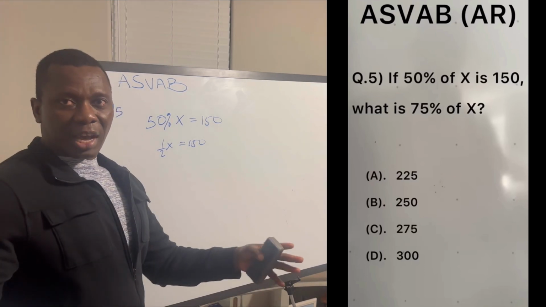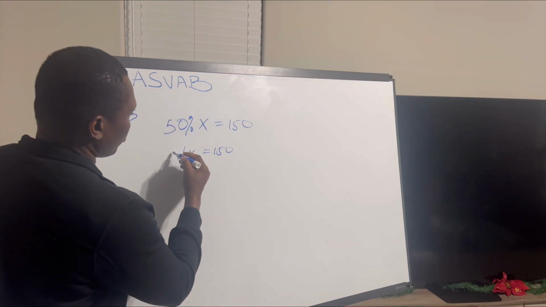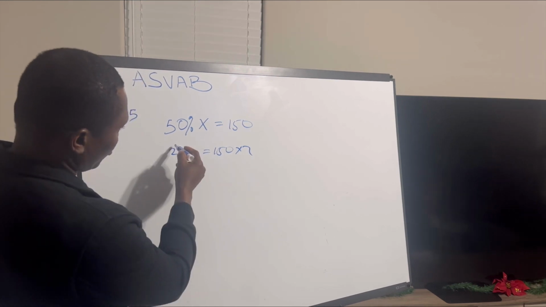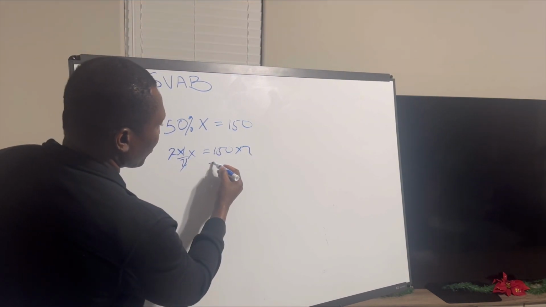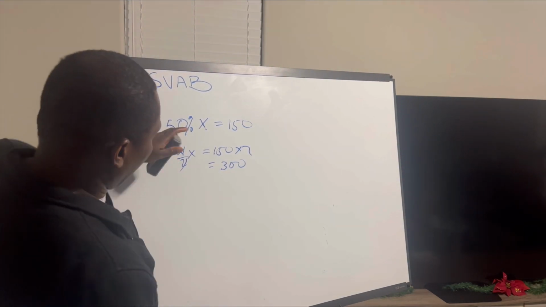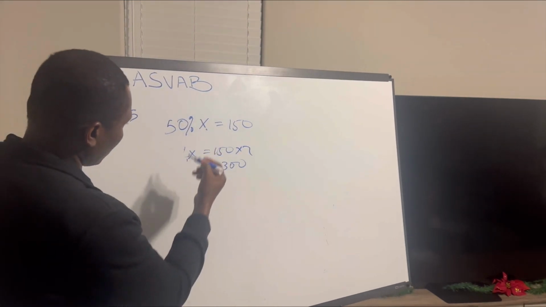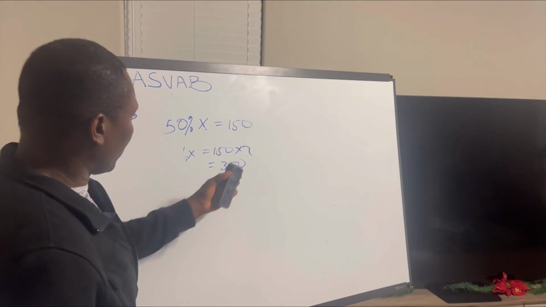The same way we did our last equation, we multiply each side by 2. So 2, 2, and this 2 crosses out. So that means 150 times 2. That's how we get our 300. So the x here is 300. Now we know our x, the real number is 300.